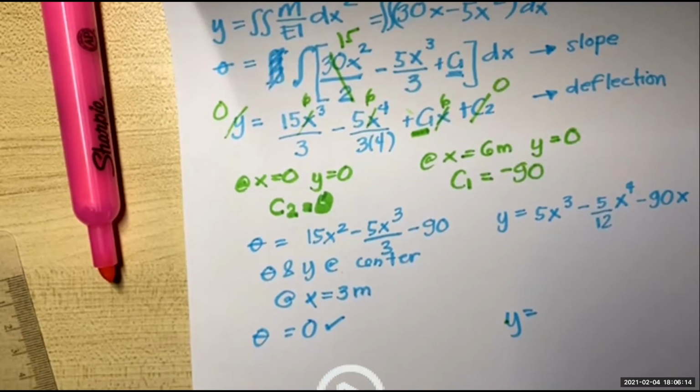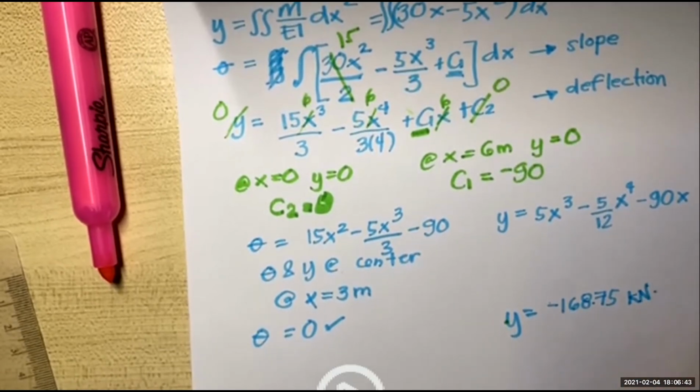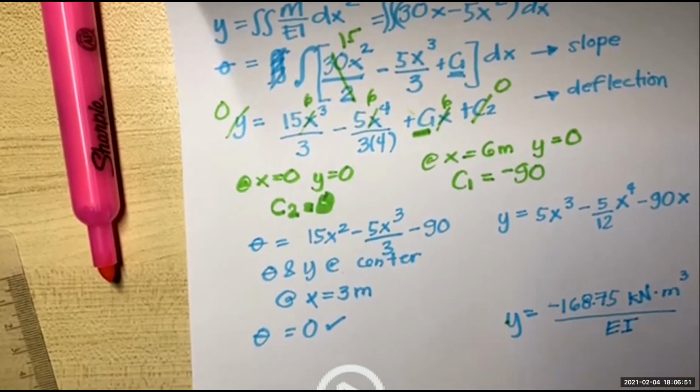We have 3 cubed. 5 times negative 168.75. Tama ba? This is kilonewton. Yung unit pala is kilonewton cubic meter all over the flexure rigidity, which is your EI. Okay, check nga.